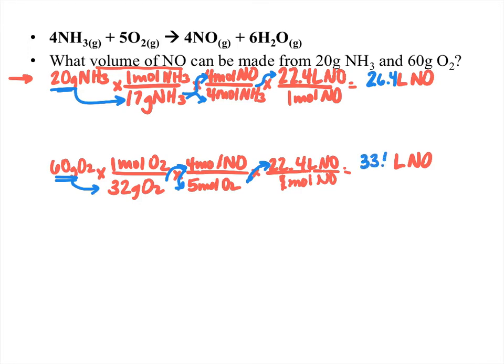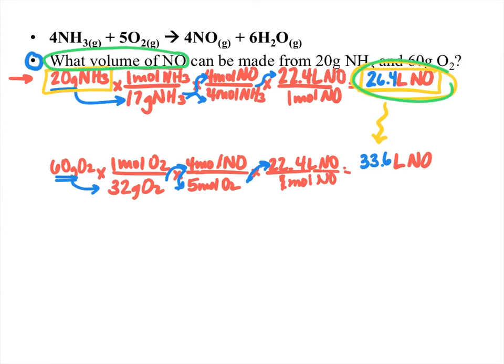Now going back to the original question, what volume of nitrogen monoxide can be made with those two amounts of substances? Well, since the 20 grams of ammonia only was able to produce 26.4 liters of nitrogen monoxide versus the oxygen that was able to give me 33.6, this smaller amount, the 26.4 liters of nitrogen monoxide, is indeed the volume of nitrogen monoxide that I'm able to make with those quantities. I can't make more than my minimum amount will allow me.